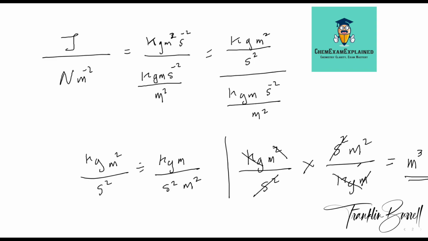Now, if you work this out using atmosphere as your pressure, it should be simpler to calculate. But I have to show you both methods just in case you get units like joules and Pascal to work with. You know how to do the conversion. So let's go back to the question.